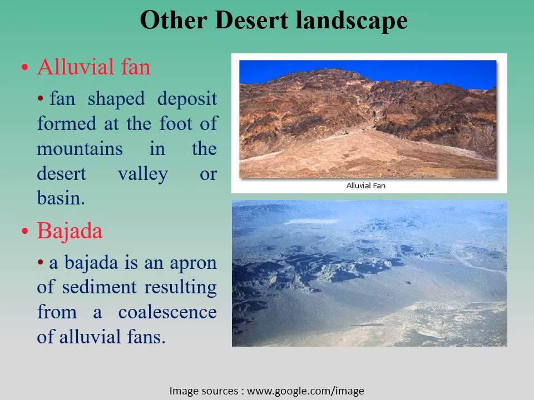So here you can see it is a rocky area, not a sand area like the dune fields having dunes or ripple marks, but instead this is a rock mass where the condition is very dry, where precipitation is very low. But in these rocky areas, there is occasional rainfall, and as the rainfall is very occasional, there is no permanent channel through which the rainwater will flow along the downslope direction.